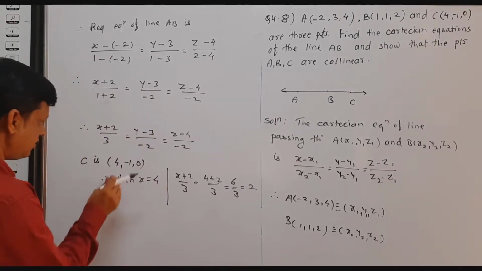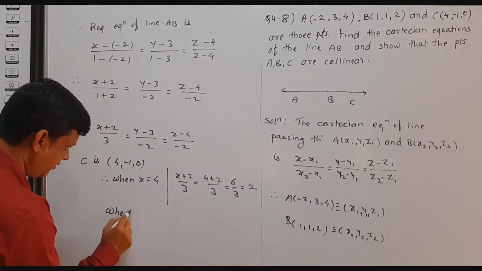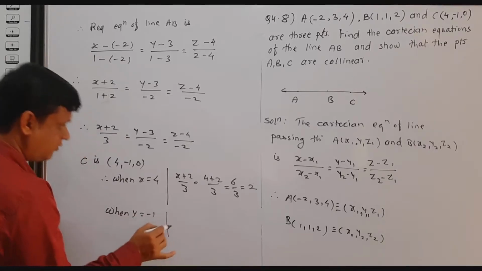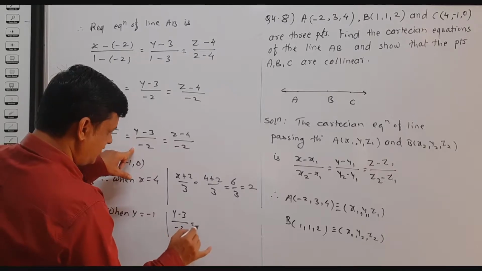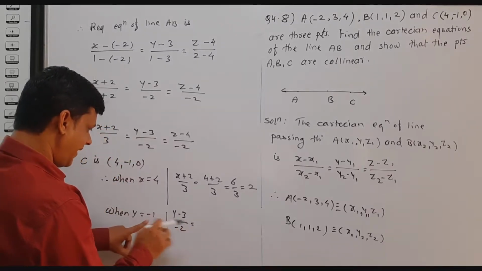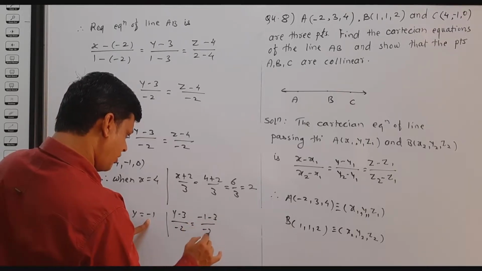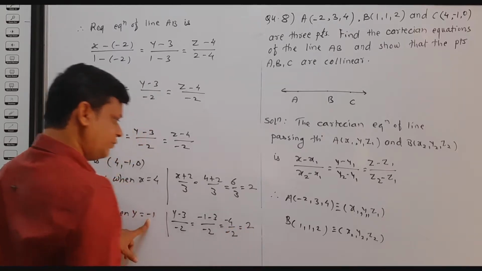Now when y is equal to -1, from (y minus 3) upon minus 2 we get (-1 minus 3) upon minus 2, that is -4 by -2, which is plus 2.